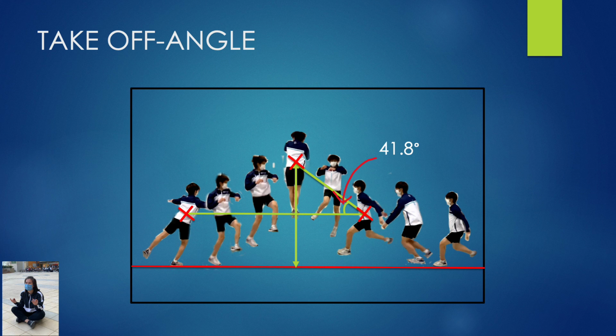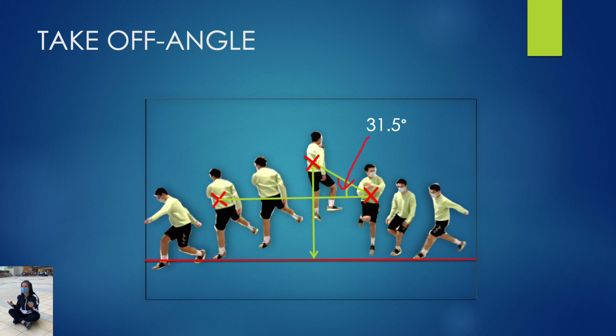We use a plumb line to measure the takeoff angle in this photo, and Wayne's takeoff angle is 41.8 degrees. And then we measured the takeoff angle of Cash, which is 31.5 degrees.